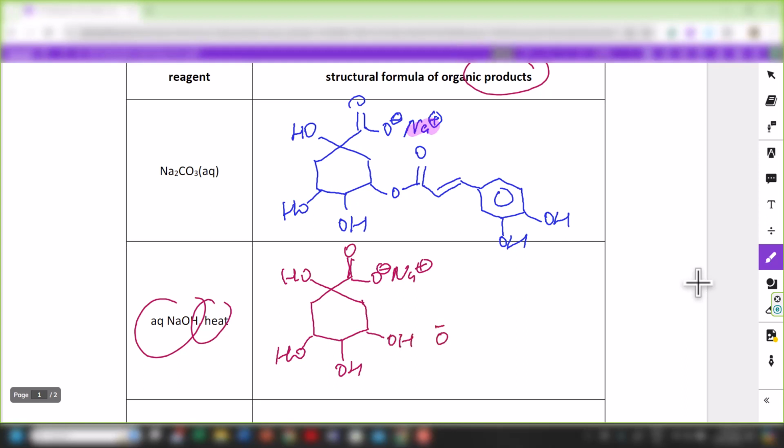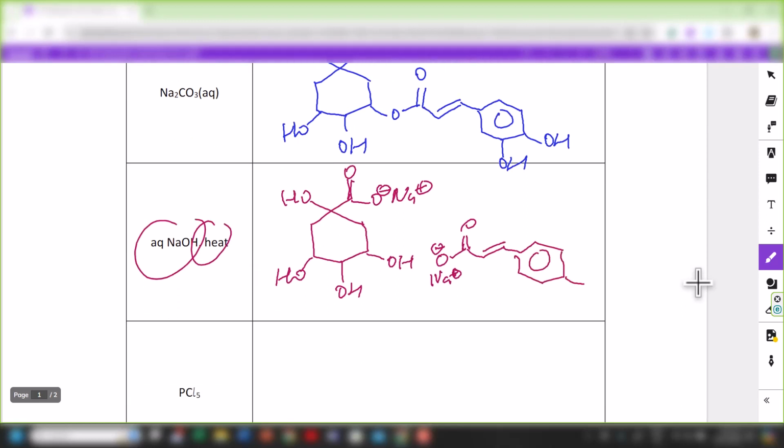And then of course for the other end, it will become the carboxylate salt. Then I'm just going to draw out the alkene, and after that, the phenolic OH will be deprotonated, so O minus Na plus, and then O minus Na plus. So again, you do not need to include water.